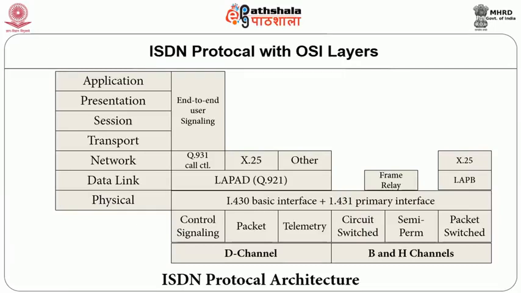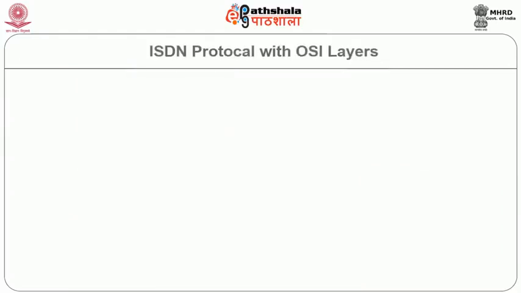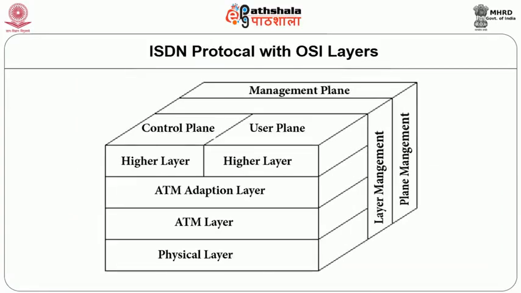Over that, when it goes up, we see how data is split, such as frames or cells being created. All this, at the end-to-end user interface, is combined in ISDN. So the 7 OSI layers are mapped to these 3-4 layers of ISDN. Now the protocol within the ISDN layer. This picture gives more detail. After the physical layer, the next layer is the ATM layer.